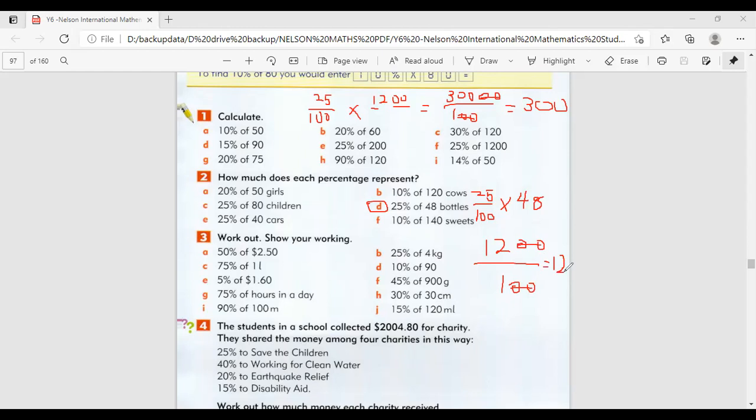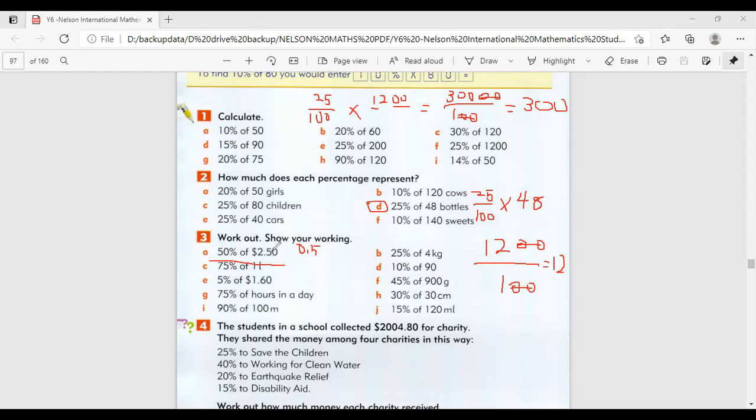Okay. Next one, I'm going to answer this. So we can write 0.5. Anyway, 50% of 2.50.